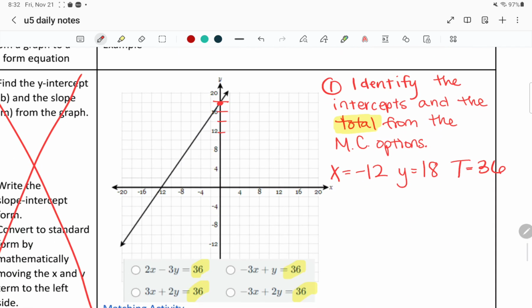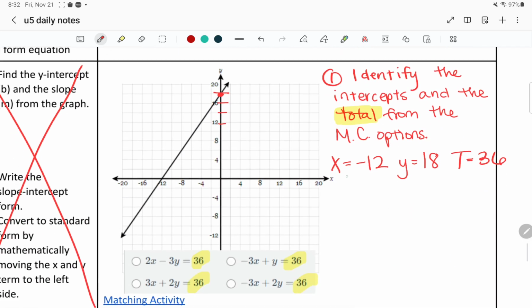So we took the total, we know it's 36, and we have our intercepts. We're going to divide them to revert back to the coefficients because that's all that's different in all your options, okay? Remember, coefficient is the number with the variable, okay?